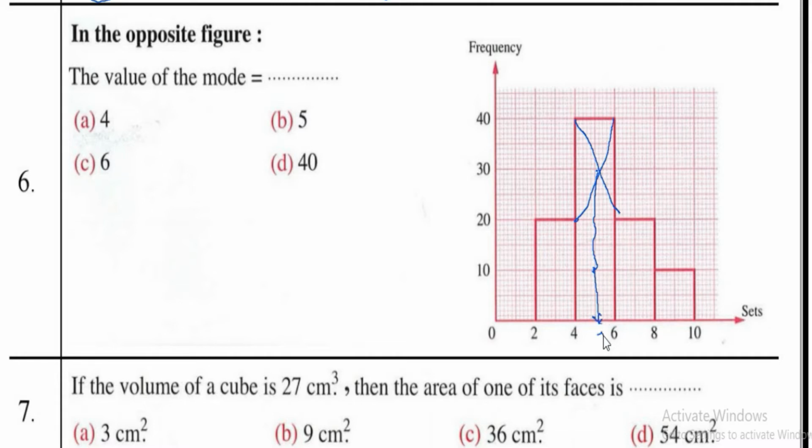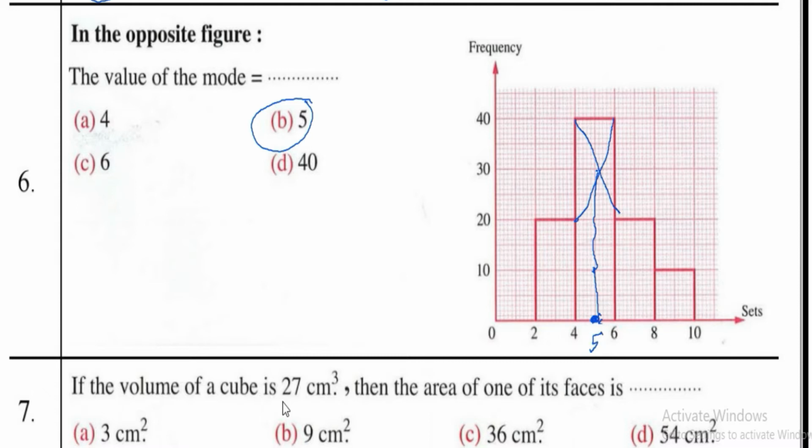Here is 5. The midpoint between 4 and 6 is 5. المود is 5. يعني هي واضحة، اللي هي في نص أكبر ريكتانجل هنا في النص بتاعنا، يبقى 5.